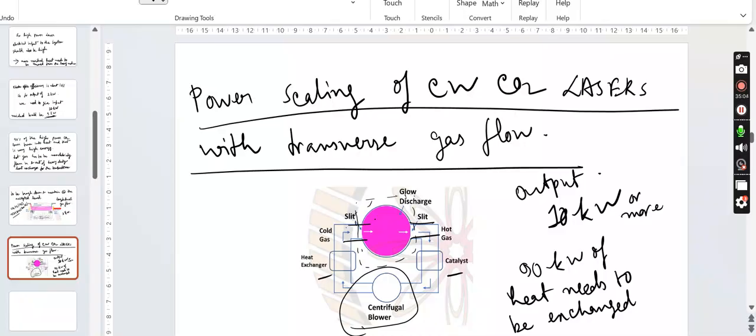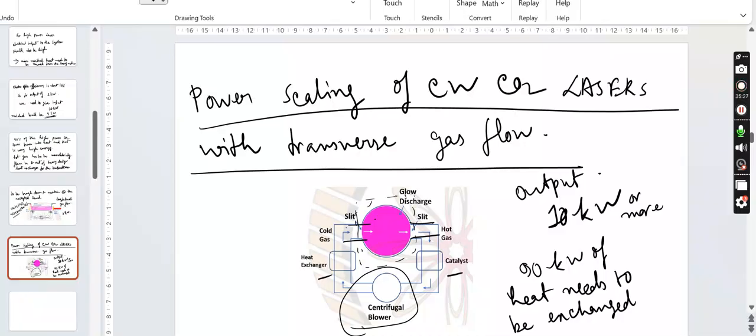Here, large volumetric gas flow is possible by readily available and less expensive axial, or this centrifugal blower is less expensive. The laser head is required to have two rectangular slits, that is here, running along its length on either side to make it compatible with transverse flow.